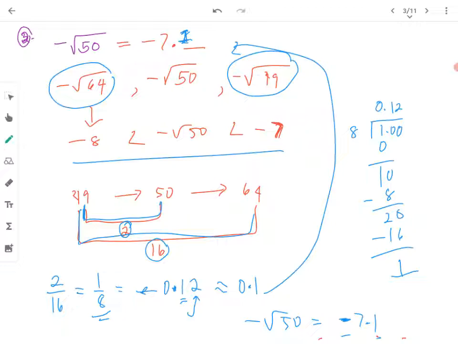And when we convert it into decimal, it's 0.12. Since we only need the tenths place, the digit 1, and the digit that follows is 2, which is below 4, meaning we neglect that. We have 0.1, meaning negative square root of 50 now is negative 7.1.